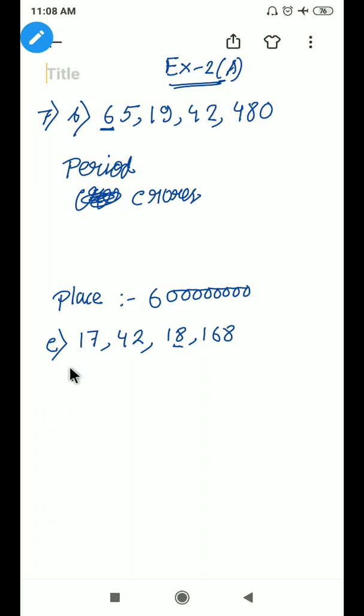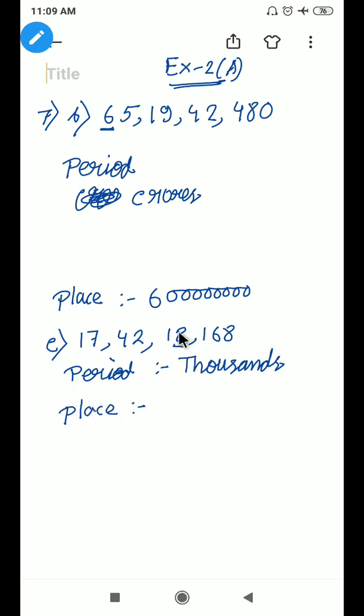So what will be the period of this digit? Now look, which room does this underlined digit belong to? In the 1000 room. That means the period will be thousand. Understood?